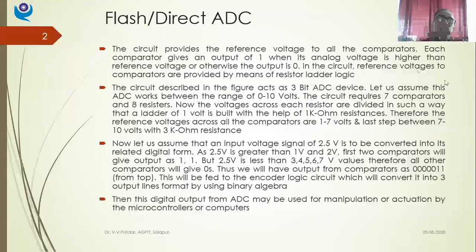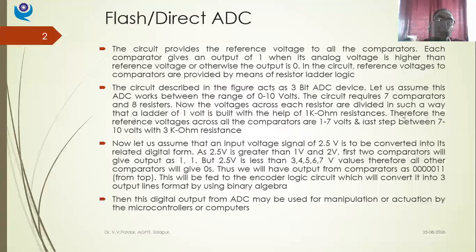Let us assume this ADC works between the range of 0 to 10 volts. As I said, it can vary. The circuit requires 7 comparators and 8 resistors. Now, the voltages across each resistor are divided in such a way that a ladder of 1 volt is built with the help of 1 kilo ohm resistances.